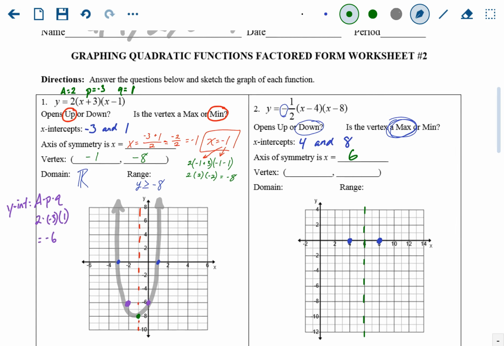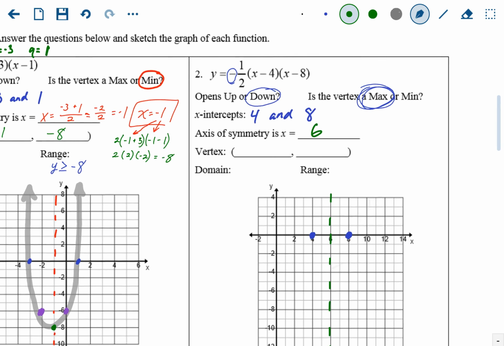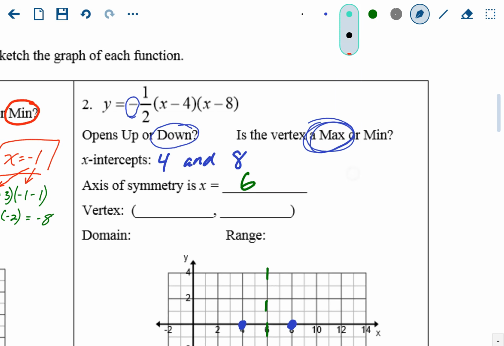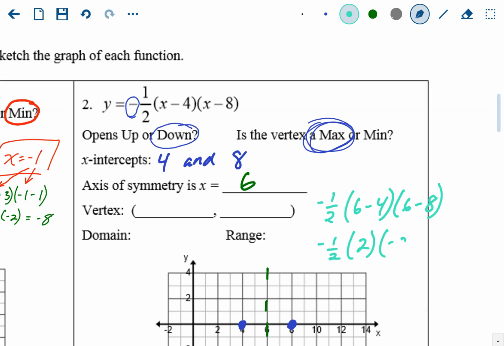Alright, for our vertex, we're going to have to plug in the axis of symmetry. So we're going to plug 6 into all of our x values. So 6 minus 4 times 6 minus 8. Okay, we get -1/2 times 2 times -2.